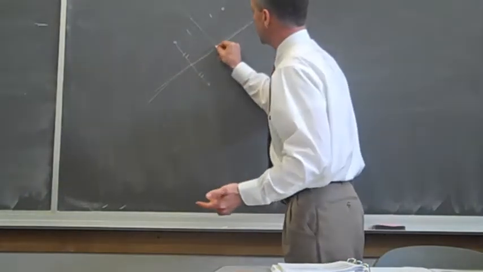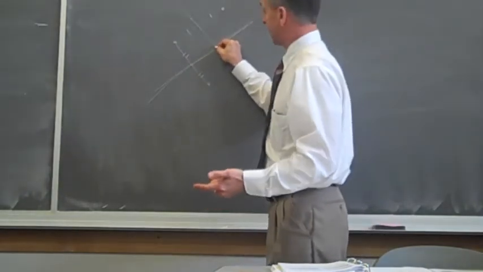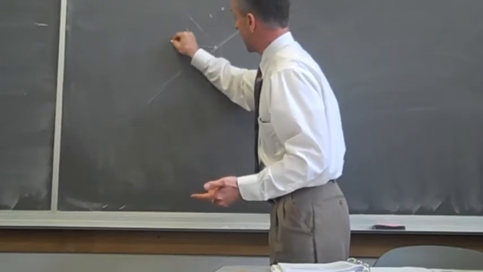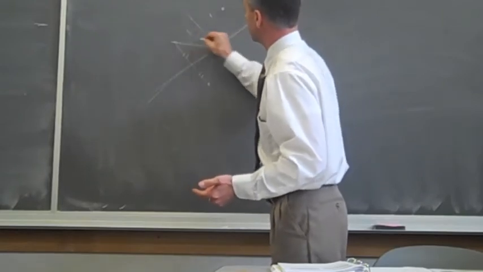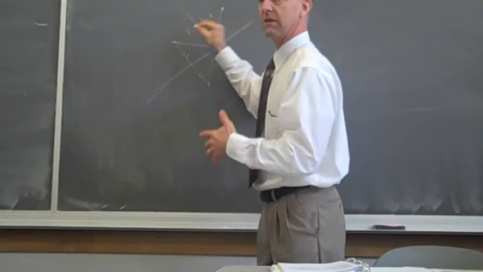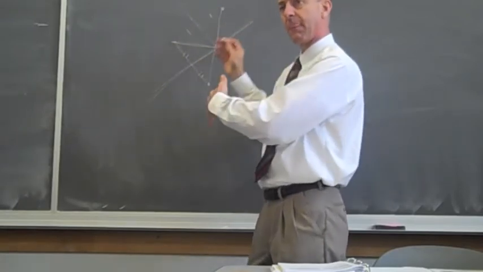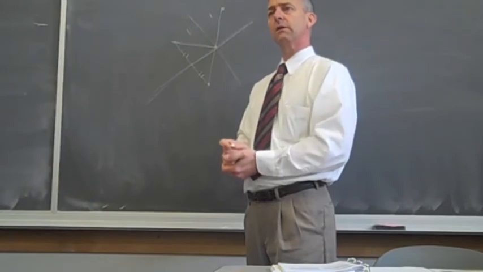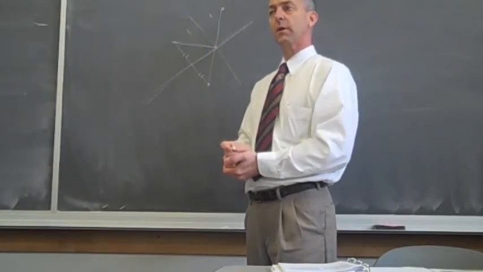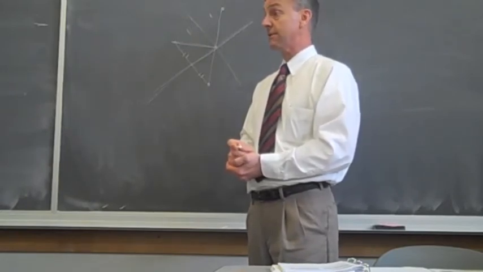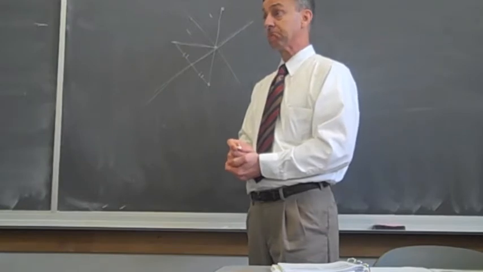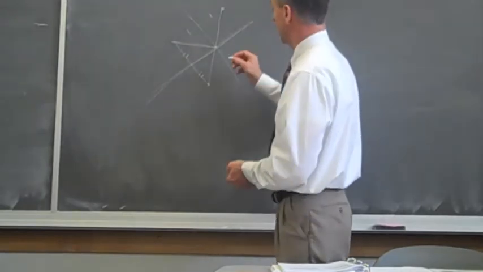To the place where these two intersect. Now this distance is the same as that, and this distance is the same as that. Do I need the third perpendicular bisector? No, because it'll meet in the same place.